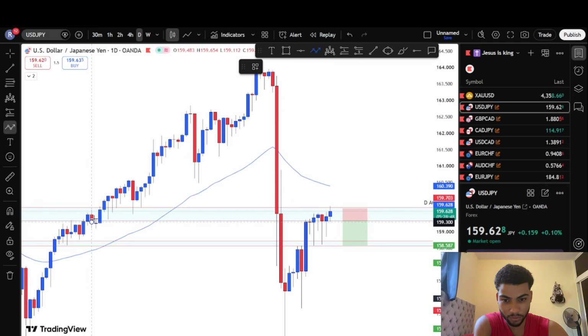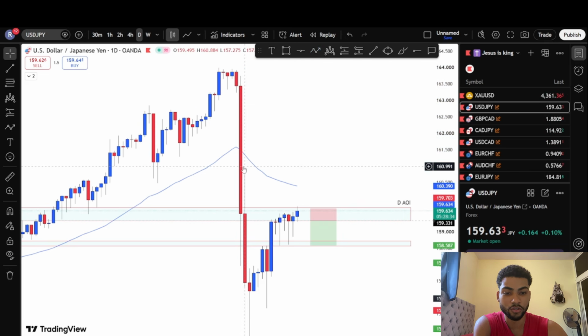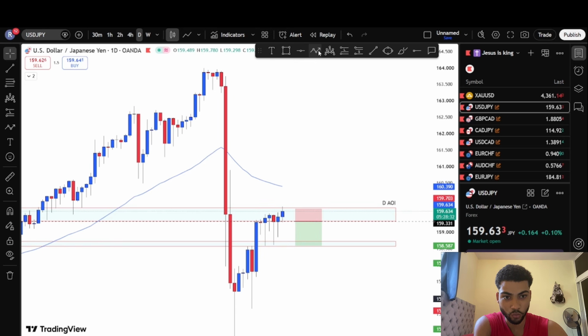the past price was creating higher highs, higher lows, higher high, higher low, higher high, higher low, higher high, and then it shifted the structure. So the way that market structure works is that on a bullish trend, price creates higher highs and higher lows.